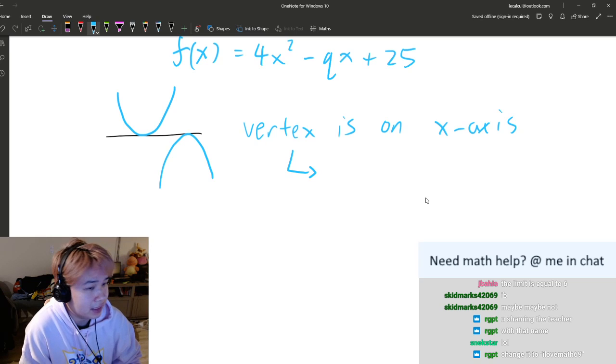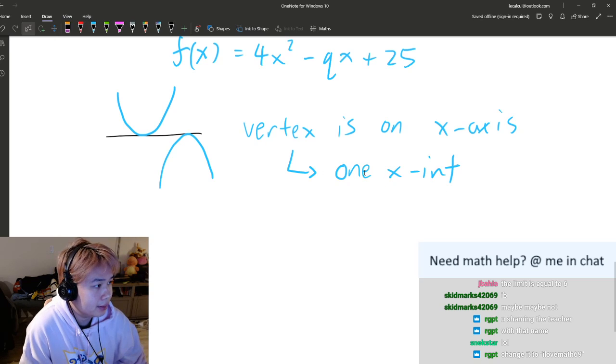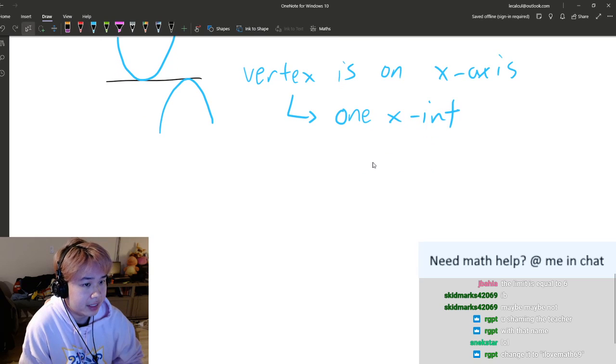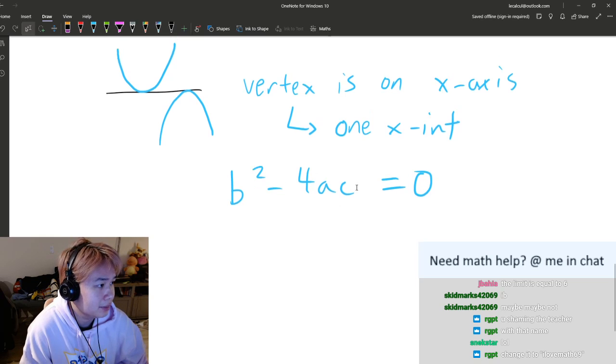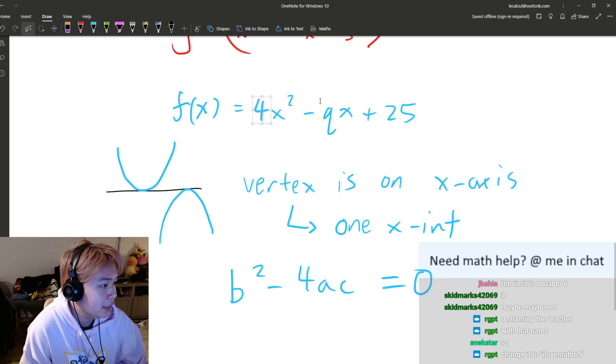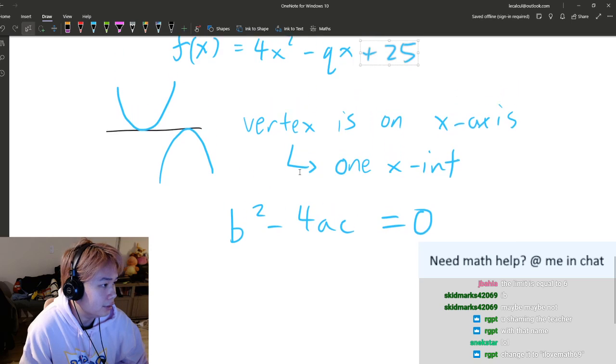This is just a fancy way of saying one x-intercept. So if we're talking about one x-intercept, then we use the discriminant, because the discriminant basically can tell us how many x-intercepts there are. So in other words, b squared minus 4ac needs to be equal to 0, because that's when you have one x-intercept.